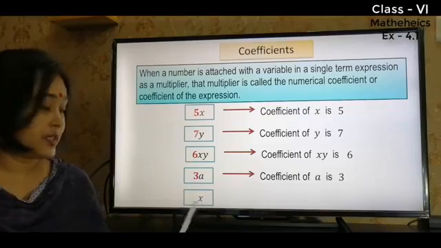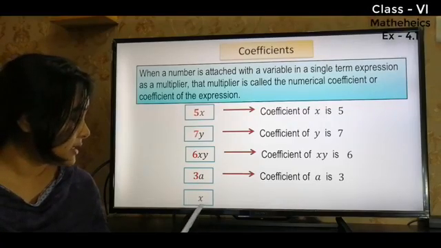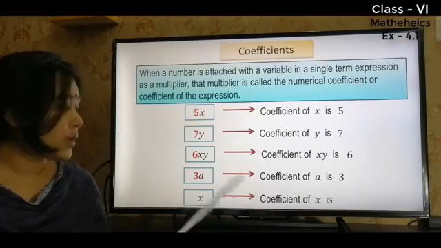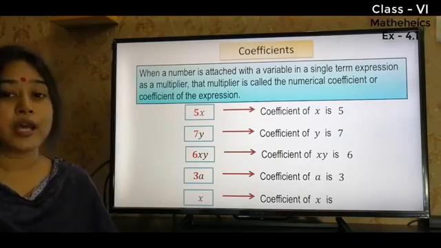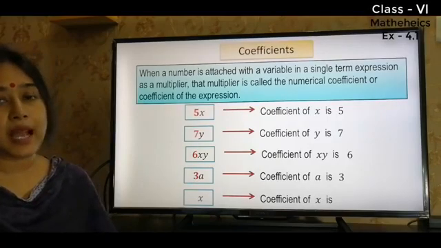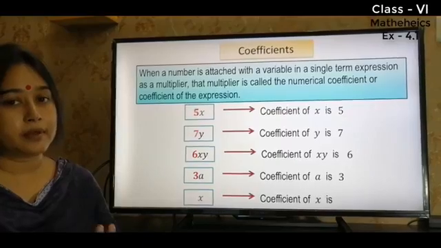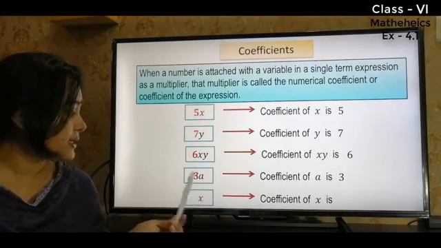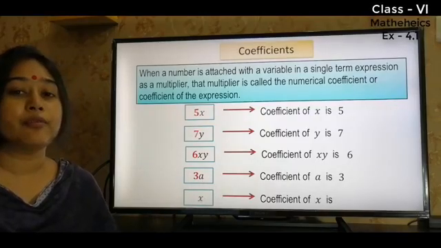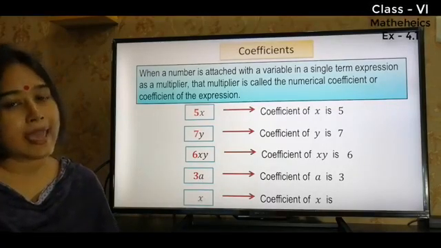And notice carefully in this example you can see only x. So what is the coefficient of x here? We know if any number is multiplied with 1, we get that number itself. So if we multiply x with 1, we will get x.